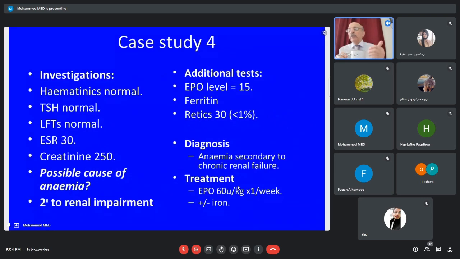Then we may titrate the dose, go with the dose a little bit lower. Instead of twice or 3 times injection a week, I may go down to once weekly injection for the rest of the patient's life. Or if the patient undergoes kidney transplant, then we can probably sometimes stop the erythropoietin. Next slide, please.